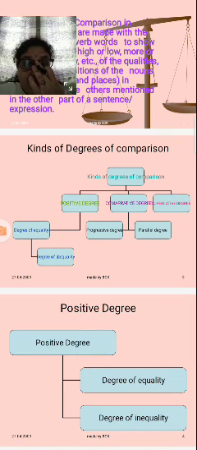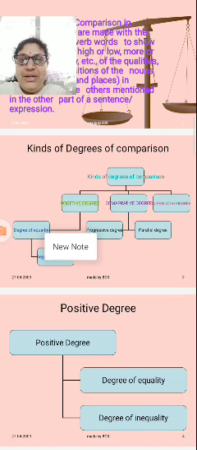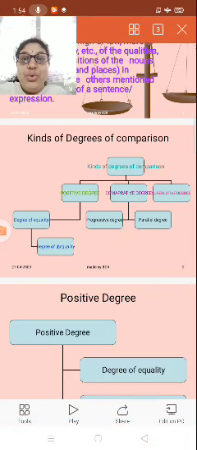Degree of equality or degree of inequality. And the comparative degree is the progressive degree, and the parallel degree also.